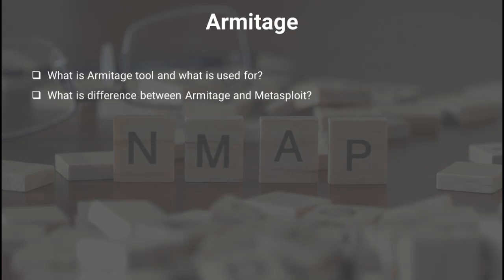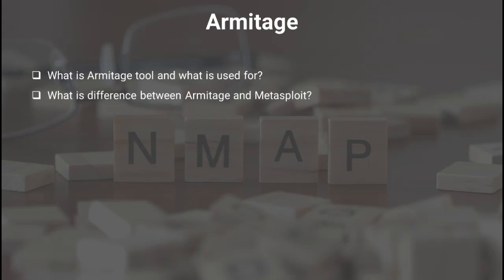What is Armitage? Armitage is a fantastic Java-based GUI front end for the Metasploit framework, developed by Raphael Mudge. Thanks to him, its goal is to help security professionals better understand hacking and realize the power and potential of Metasploit.